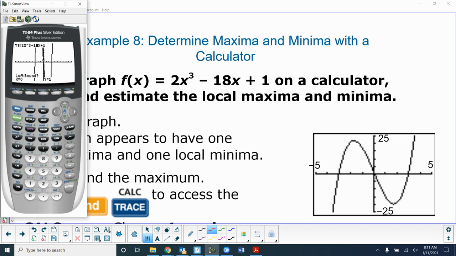So when it asks you left bound, it knows there might be different mins and maxes through there. So it wants you to tell it where you want it to look for this min and max value. So when you see that left bound question mark, it's just telling you to help it zero in where you want it to look.